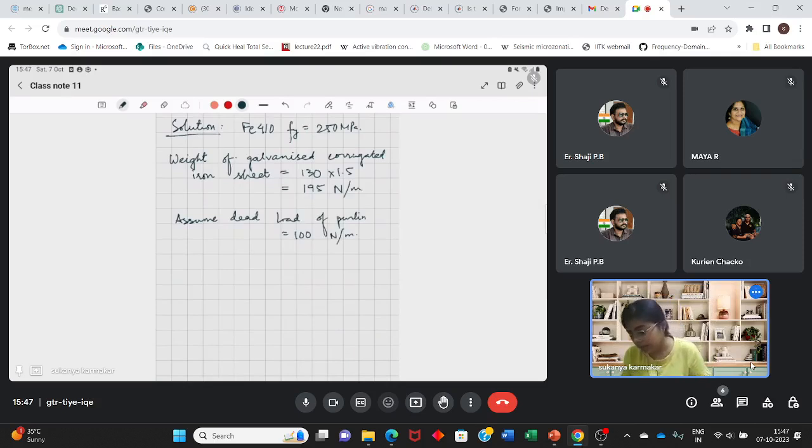So the total dead load is 195 plus 100 Newton per meter, acting vertically downward.